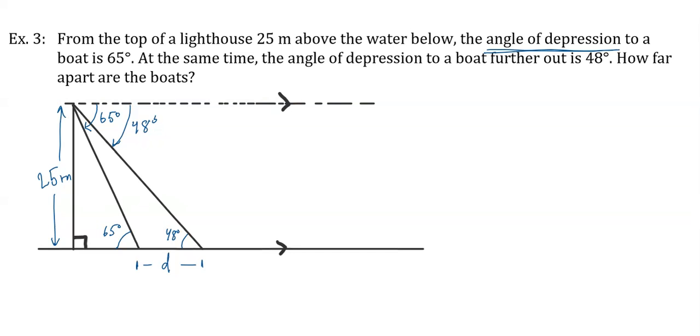Guess what? We can also use non-right triangle stuff, and we're gonna do that one. You can do the other one if you want, but I'm gonna do this one. To do that, I'm gonna find this length instead. I'm gonna find x. That one's still SOHCAHTOA. I'm using 65. Opposite of 65 is the 25, and x is the hypotenuse.